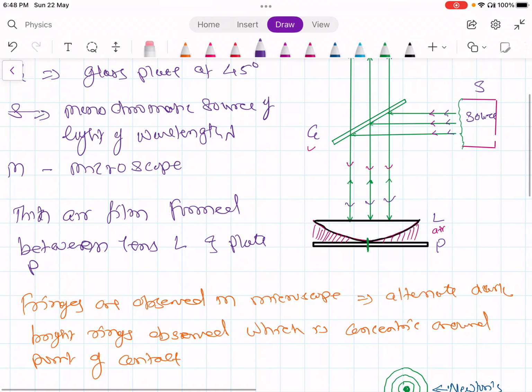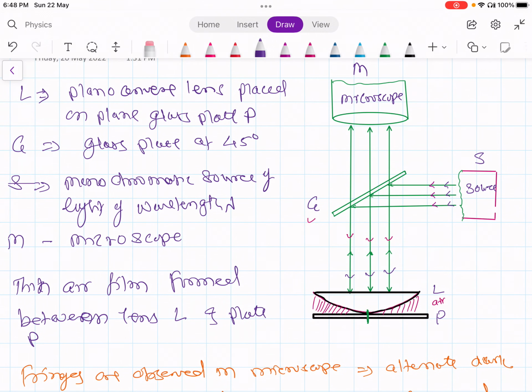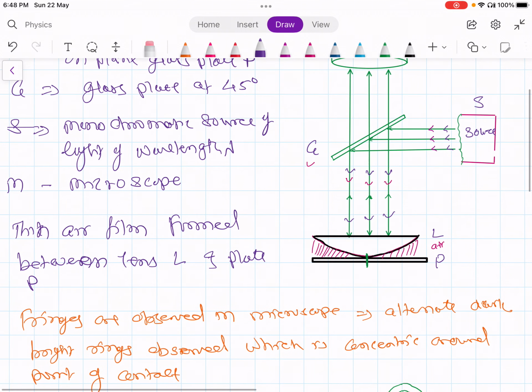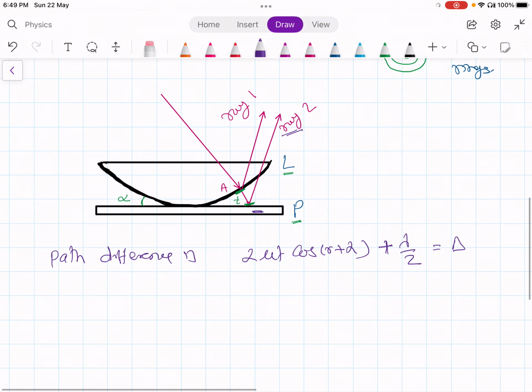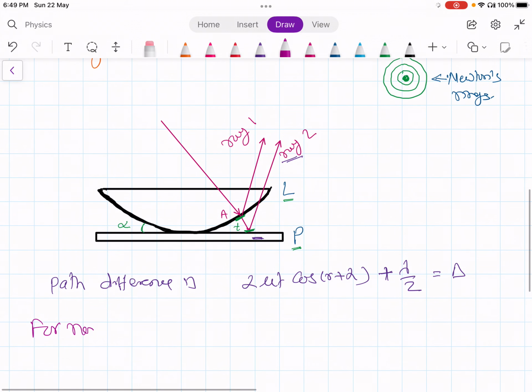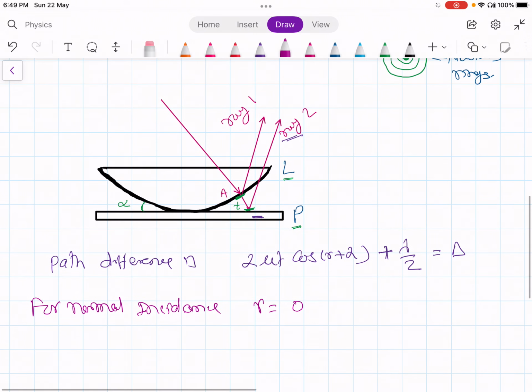Now, in this experimental setup, these monochromatic rays are falling normally on the film. So let's see the condition for normal incidence. For normal incidence, the angle of refraction r is 0. For the air film, mu equals 1.